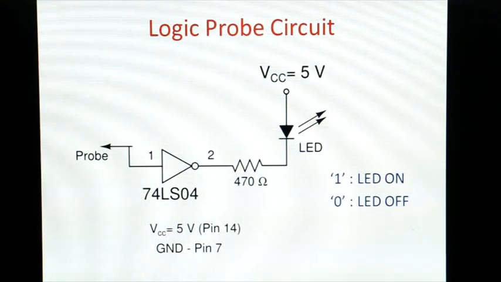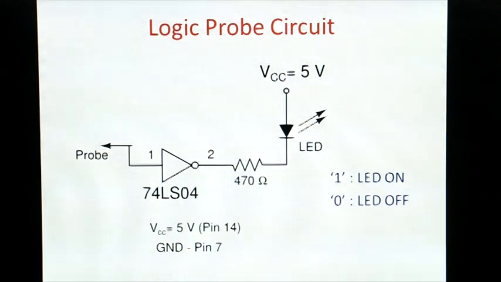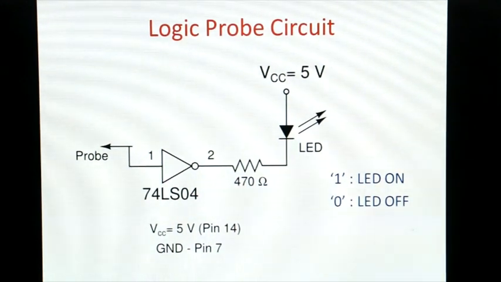Here also, once again, we would use the logic probe circuit as we used in the other part of the combinational circuit. Both for finding the logic we are giving at the input as well as the logic we are getting at the output, we will be using a logic probe circuit using 74LS04 and also an LED.